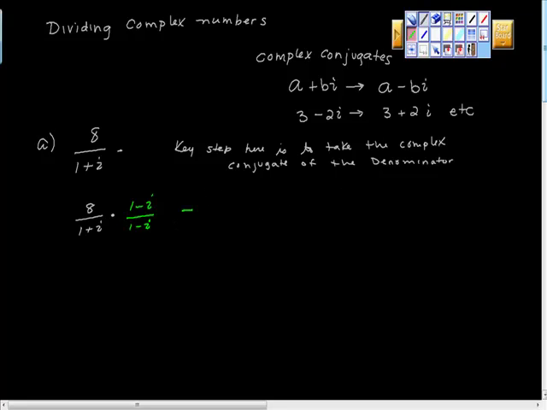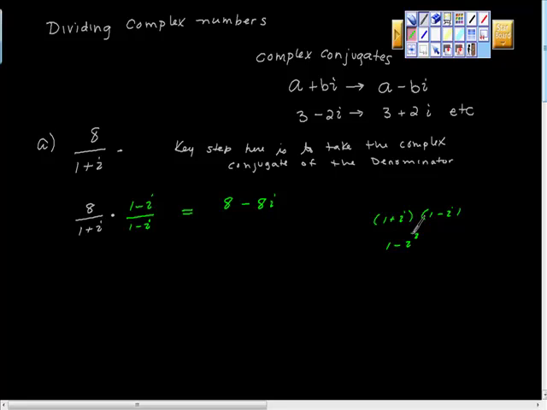So what we're going to do here is this. 8 times 1 is 8, isn't it? 8 times negative i is negative 8i, isn't it? But what about this? What is 1 plus i times 1 minus i? It's 1 minus i squared, isn't it?